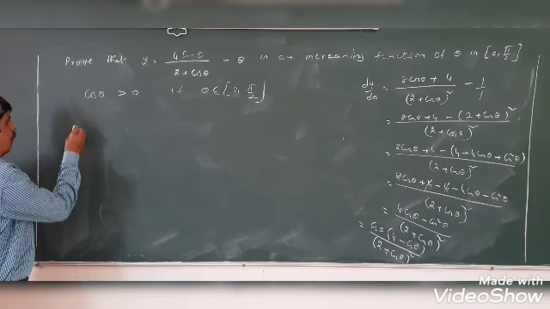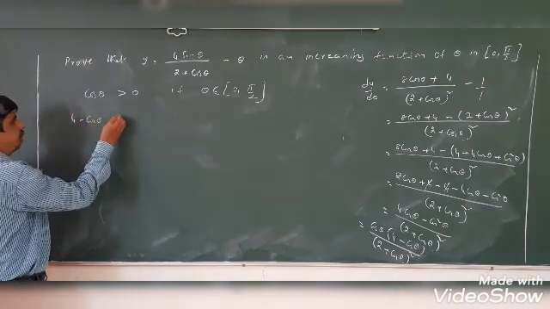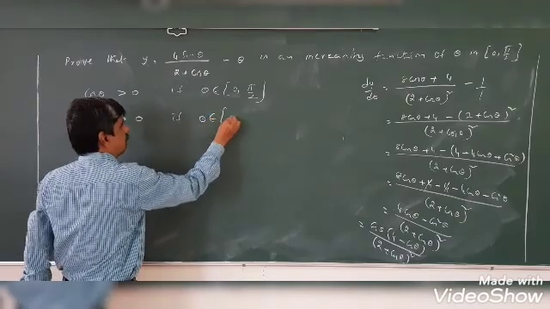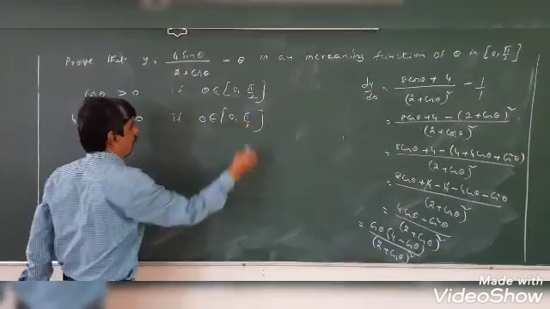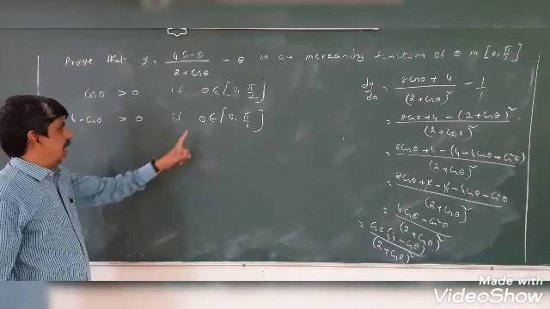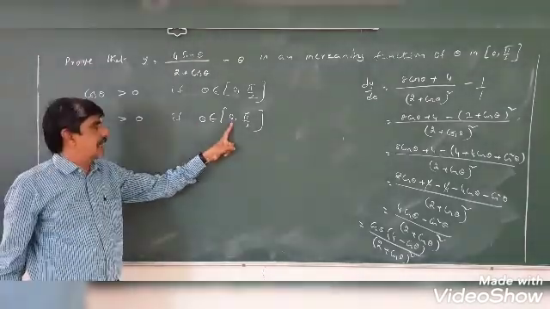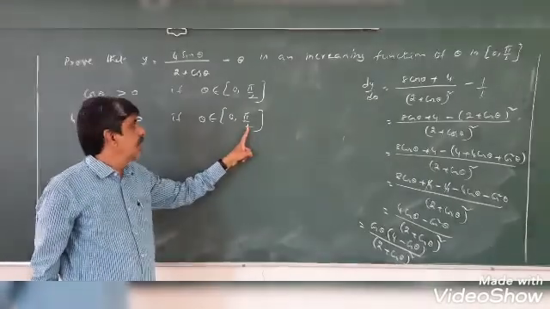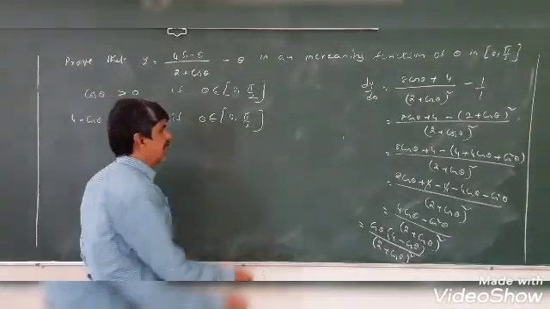Next, 4 minus cos theta is greater than 0 if theta belongs to the closed interval 0 to pi. So theta is equal to 0, cos theta is equal to cos 0, which is 1. Theta is equal to pi by 2, cos theta is 0.